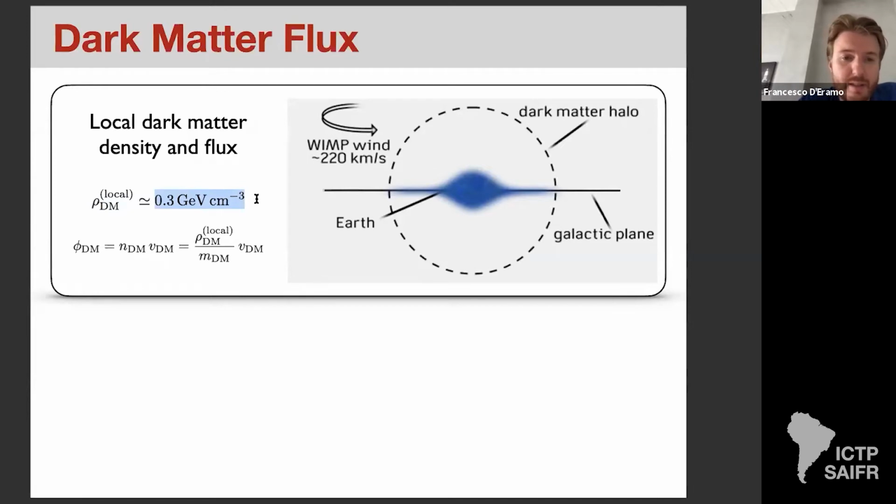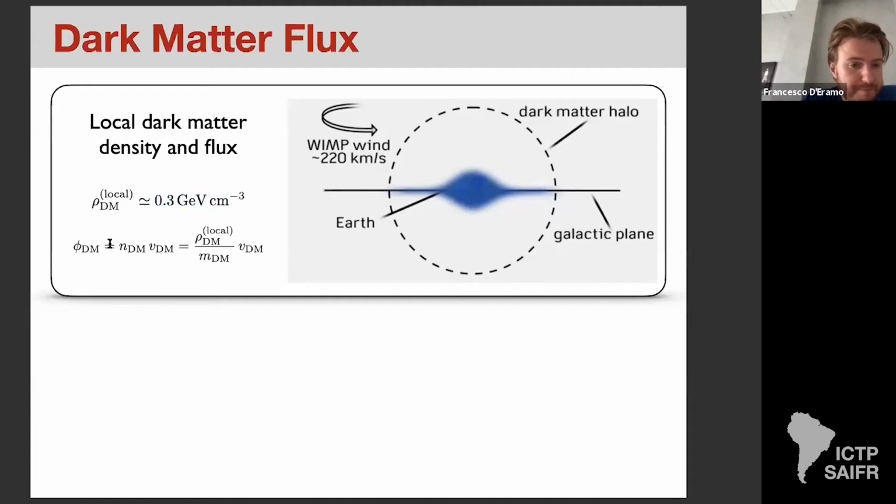And you see it's a very small density, because for each cubic centimeter, which is not a large region of space, but it's not even small, it's something you can visualize with your eyes, okay? 1 cubic centimeter. You have not even a proton, 0.3 GeV, okay? So it is a very small density, but it's much higher than the average, actually.